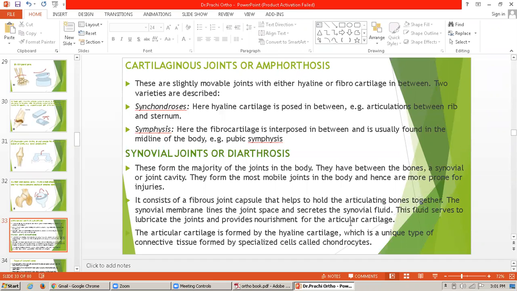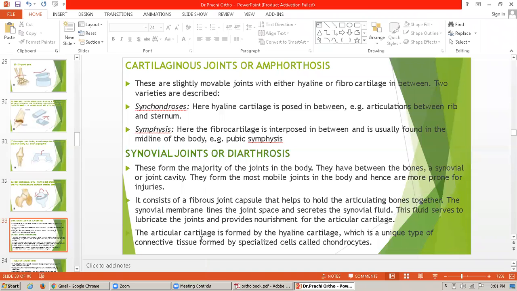So, a synovial joint consists of a fibrous joint capsule that helps to hold the articular bones together, and a synovial membrane that lines the joint space and secretes synovial fluid. This fluid acts as a lubricant for the joint and provides nourishment for the articular cartilage.